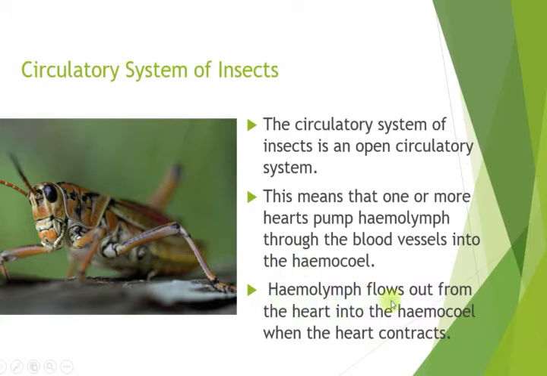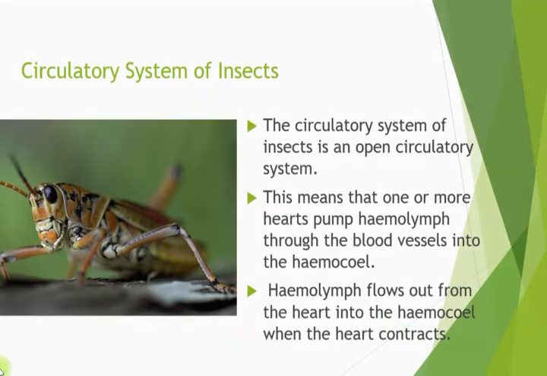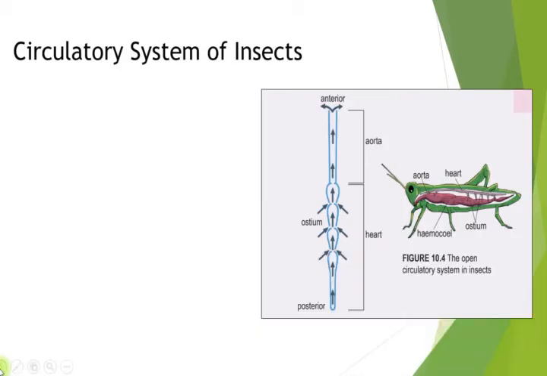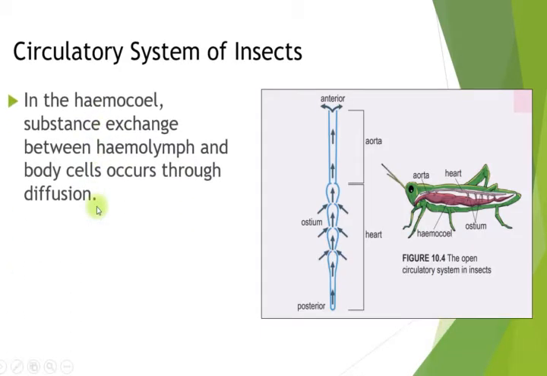So the hemolymph flows out from the heart into the hemocoel when the heart contracts. It means that the hemolymph will flow out from the vessels, enter into the body cavity, and touch the body cells directly. That is what is meant by the open circulatory system.